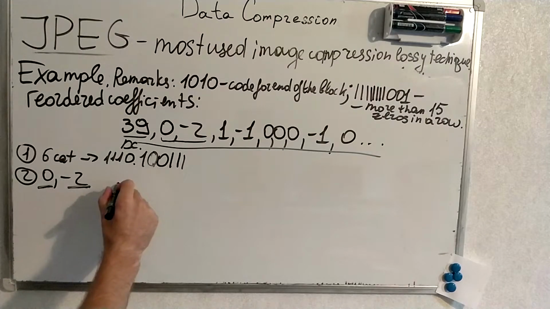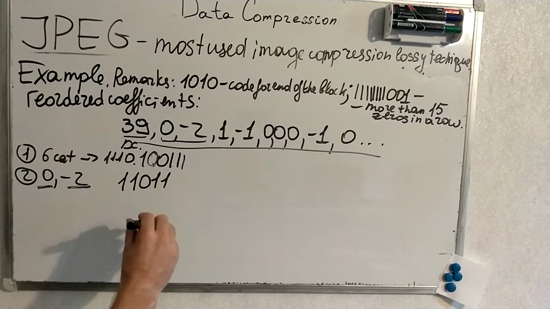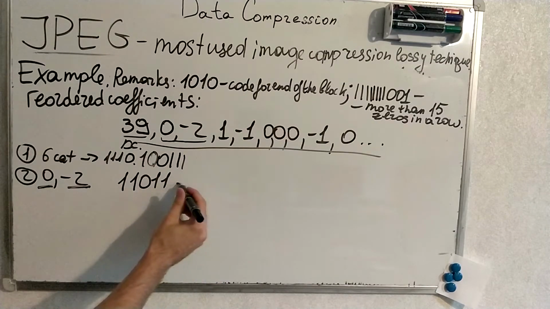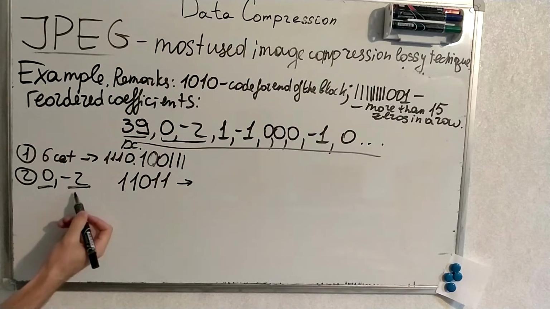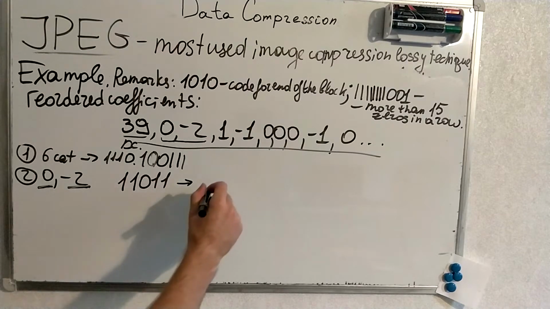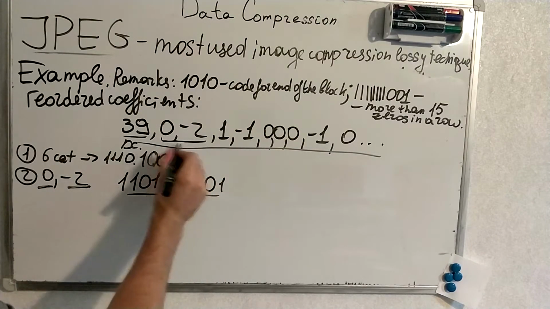So we look at the code. It is 11011 according to the table, and we have to use the flipped binary representation of 2, because it's negative 2. Flipped will be this one. So this is the code for this part.